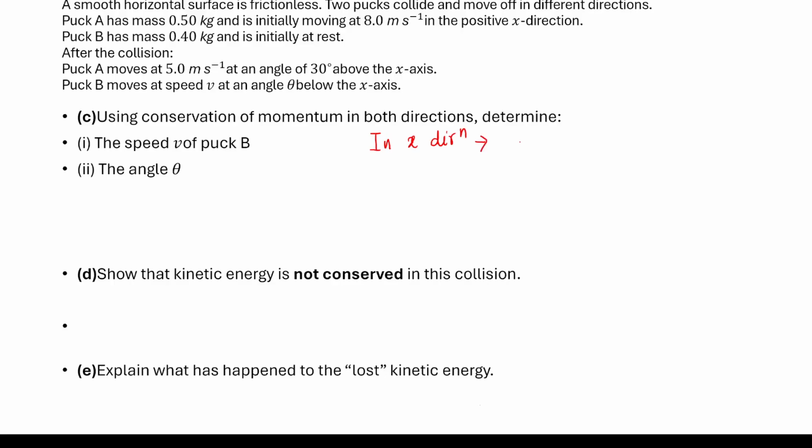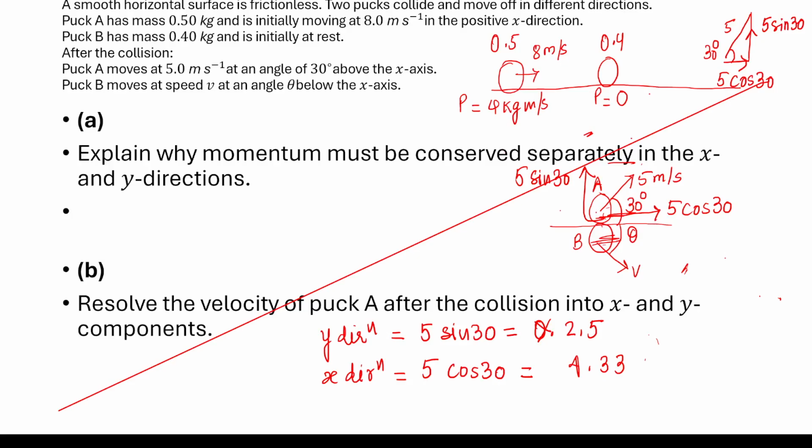So at the start, the momentum was 4. And then what was the momentum of A after collision in x direction? It is 0.5 times 4.33 because that's the velocity. So I have to multiply this with 0.5.